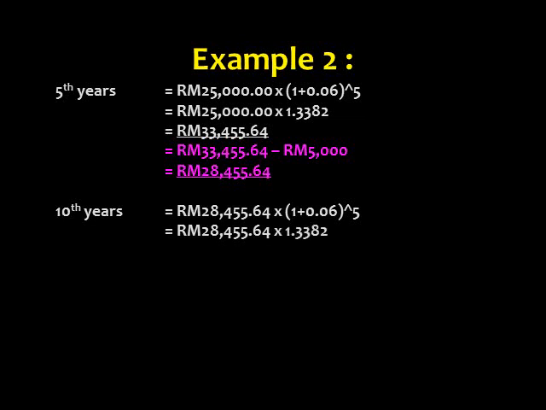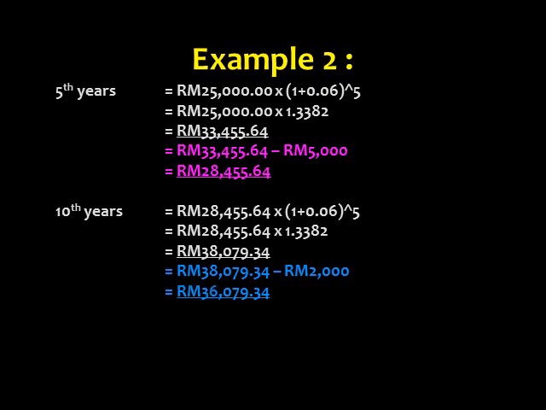Because Encik Eddie decided to withdraw RM 2,000, we need to deduct that. So after 5 years, the amount of money is 38,000, less the 2,000 that he wanted to withdraw. So now the balance is 36,000.